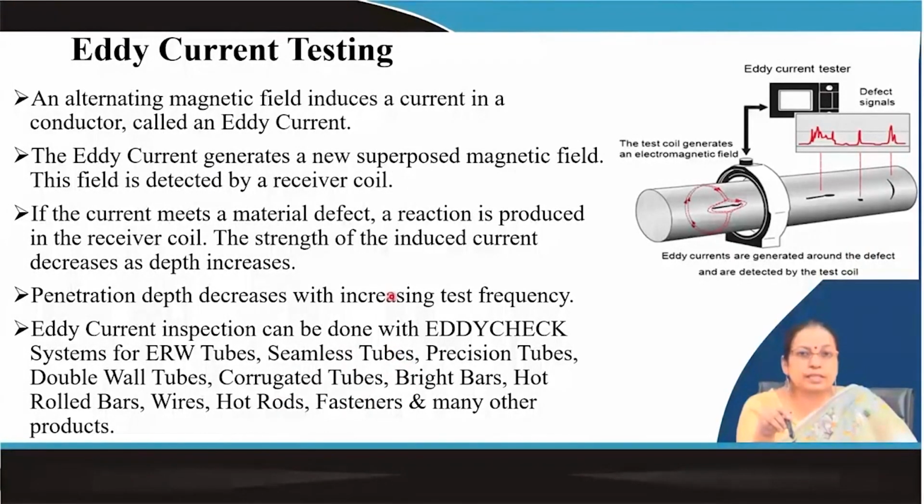The third kind of testing is eddy current testing. Here you apply an alternating magnetic field, an AC magnetic field, on the surface, which induces eddy current in the material. Wherever flaws are there, if you record the current as a function of distance, you will find a change in the current signal.